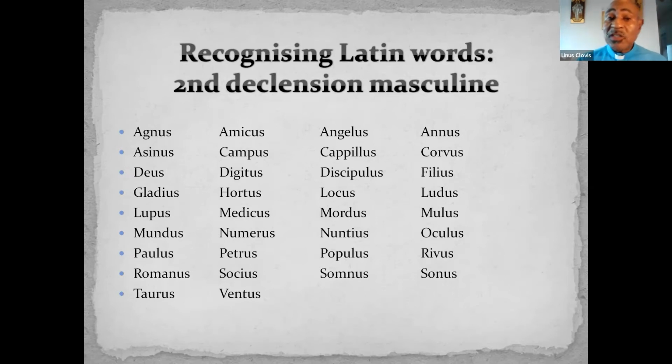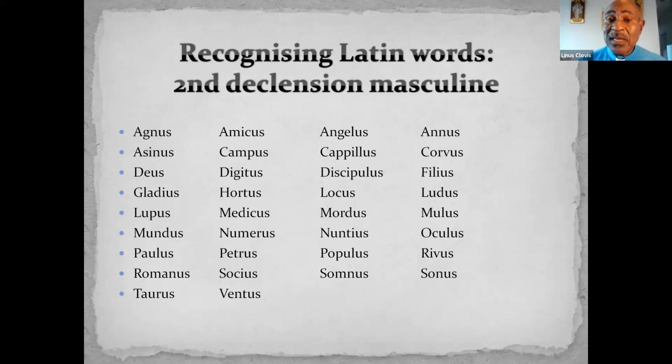Hortus, horticulture, we get a garden. Medicus, medical, doctor. Numerus, number. Petrus, a rock or a name. Socius, a companion, a friend. Associate comes from there as well.